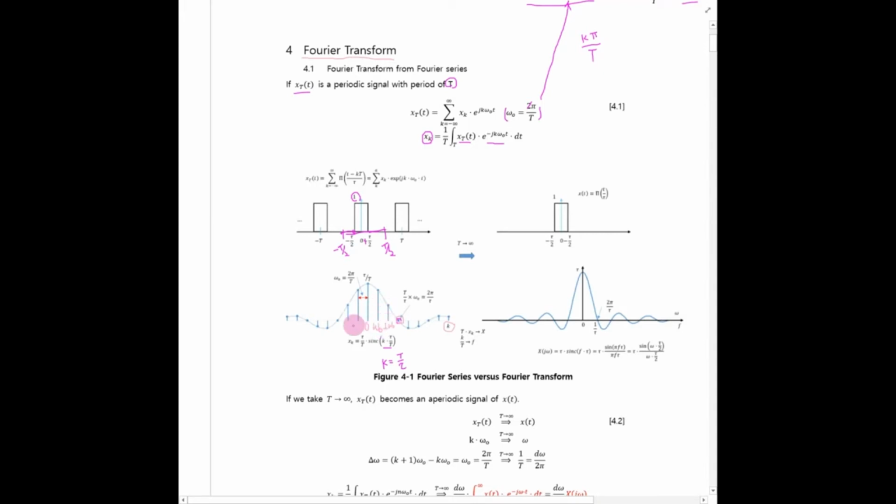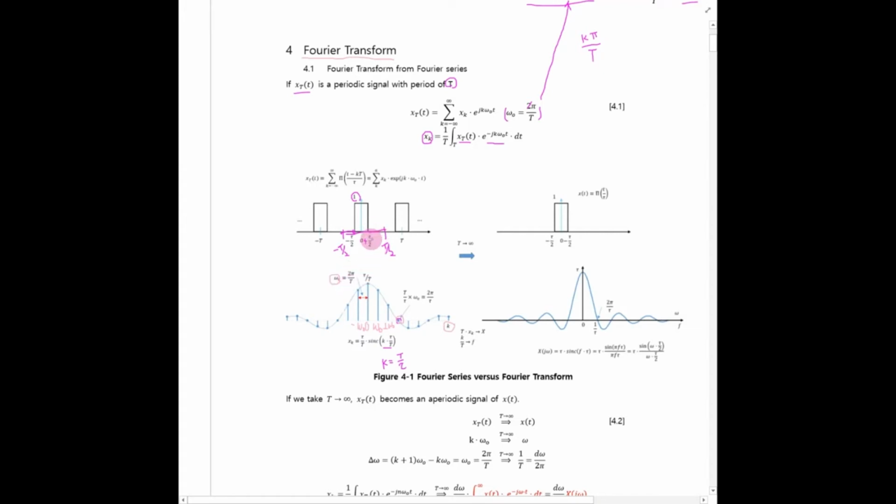It's the same for minus omega 0, like that. If you think about the separation of this spectrum, this frequency difference is omega 0, and omega 0 is 2 pi over T.